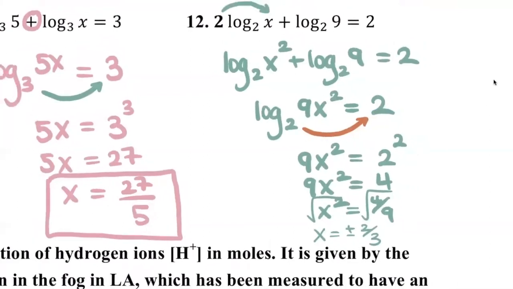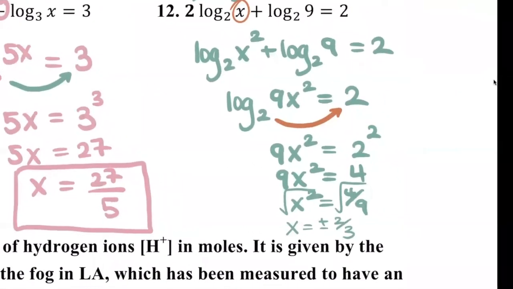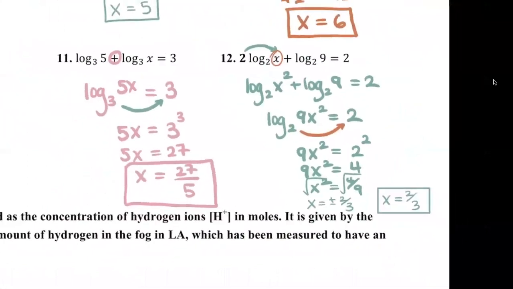And my guess is we have to toss the negative. Yep, because x up here can't be negative, I am going to just take x is equal to 2/3 as my final answer. All right, and that is how it's done.